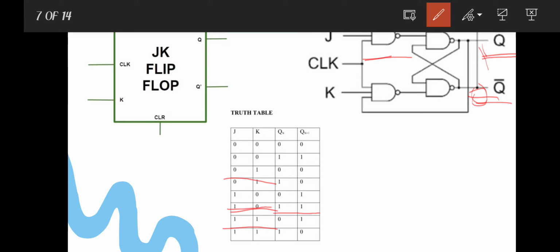On the other hand, if currently Q is 1, then the next state Qn+1 will become 0. So this is the truth table of the JK flip-flop.